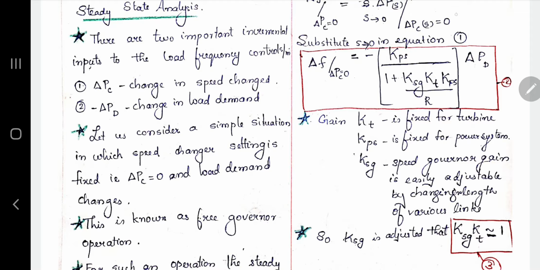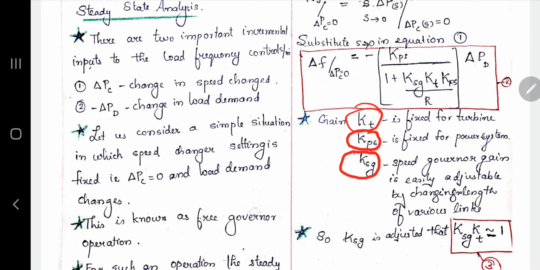Okay. Now we can just note some things which we have already studied in the previous classes, that the gain KT, that is the turbine gain KT, is actually a fixed value. Similarly, in the generator load model, we have studied that the Kps value is also a constant, a fixed value. And the only thing which can be changed easily is KSG, that is the speed governor gain.